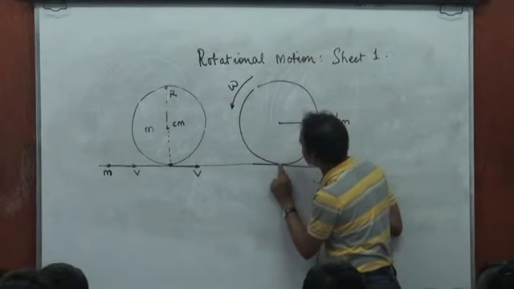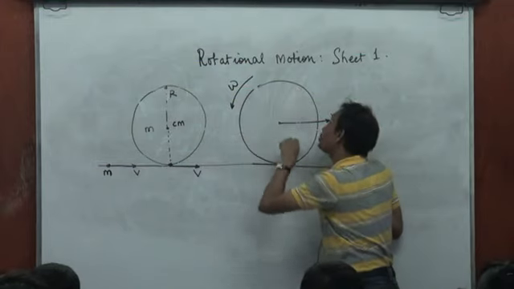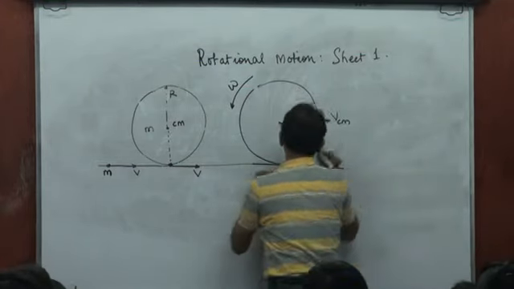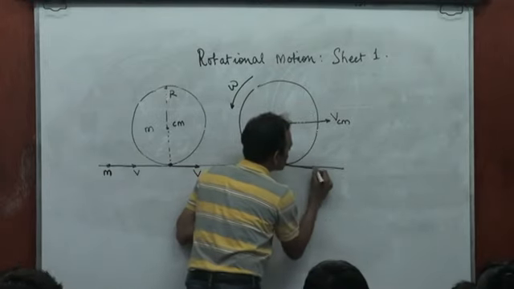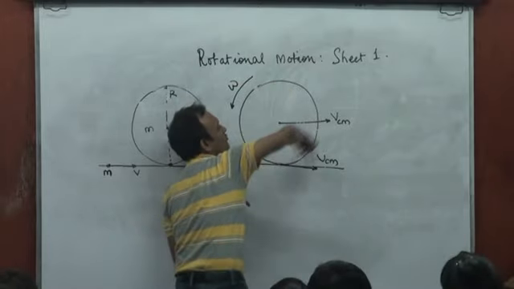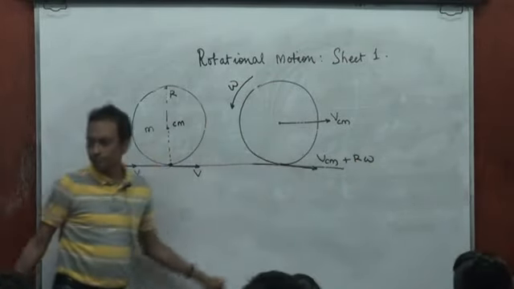Now, what's the velocity of this point? Because velocity of the hoop at this point right after impact, because of pure translation, it's going to be VCM, and because of pure rotation, it's going to have a tangential velocity r omega.